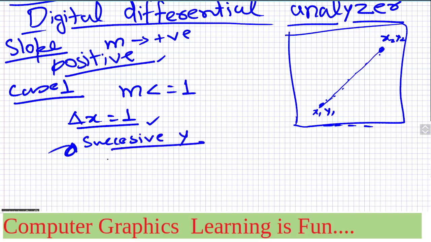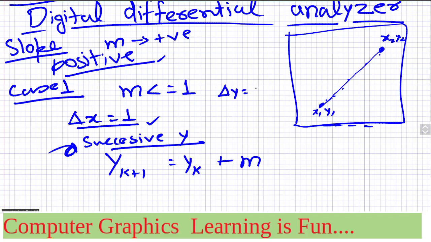How will we compute it? Not that formula. We will use yk plus 1 is equal to yk plus m. Why m? Because how do we compute delta y?